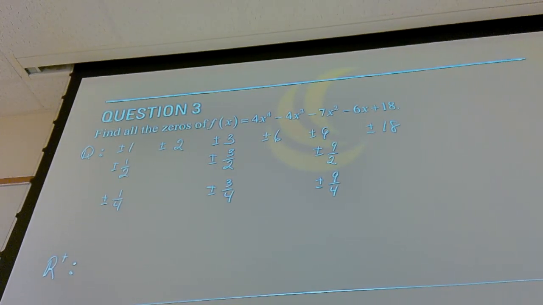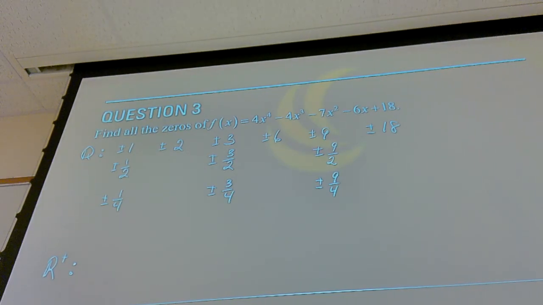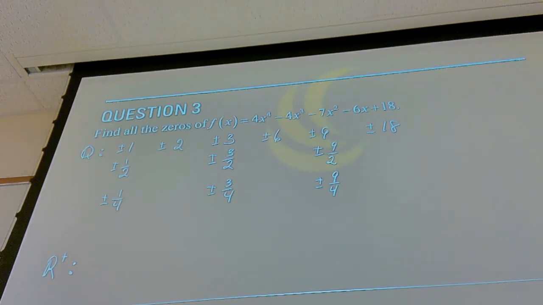How many positive real zeros could we have? Again, remember, count the sign changes in f of x. So how many sign changes do we have? So how many positive real zeros can we have?